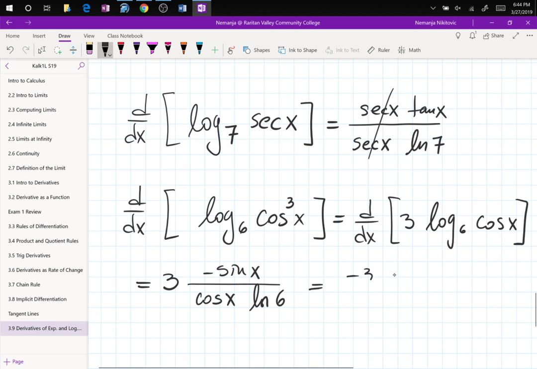It's negative 3 tangent x divided by ln 6. Right? Sine over cosine is tangent, and then ln 6 stays in the denominator. Now, if you're a decimal person, you will take 3, divide by ln 6, and come up with a decimal that you plug in there. And it's just negative decimal tangent x. Ta-da! Part 2, done.